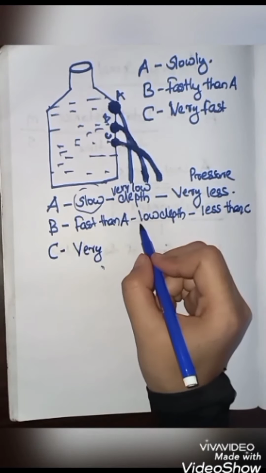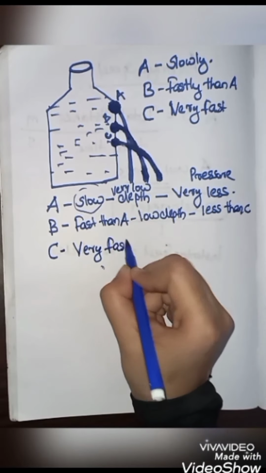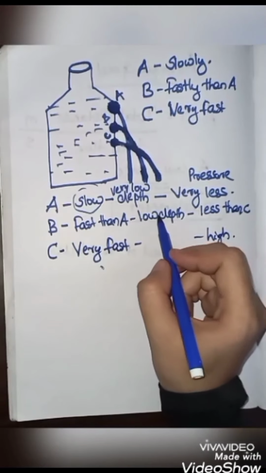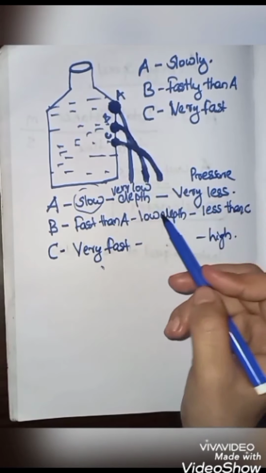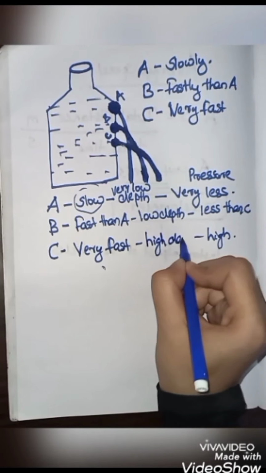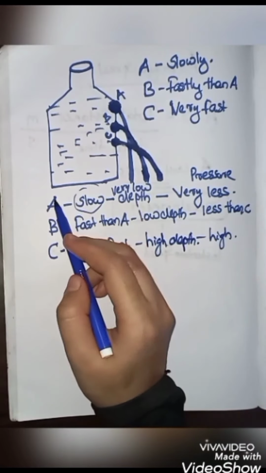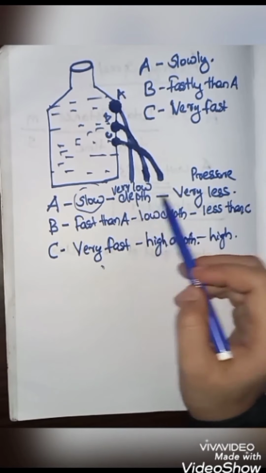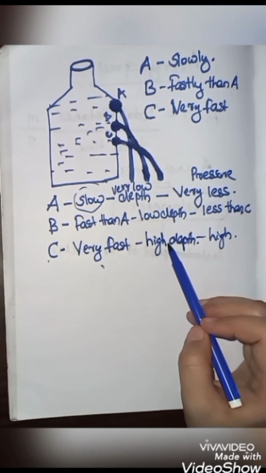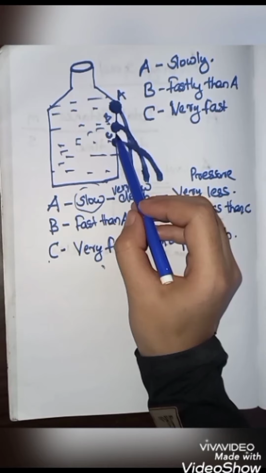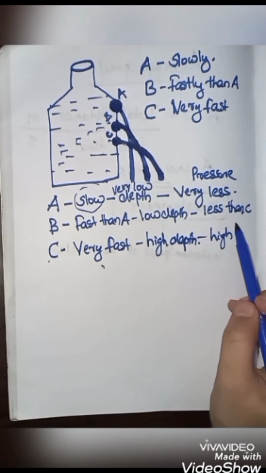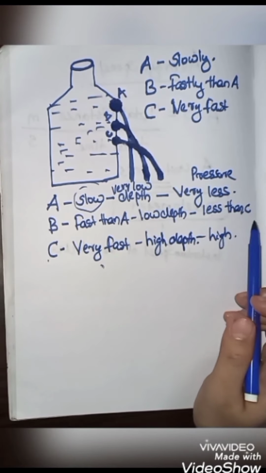That is, the pressure exerted by the water is very high, and it exists at a high depth. At A, the depth is very low, so the pressure is very less. At C, the depth is very high, so the pressure exerted by the liquid is high.